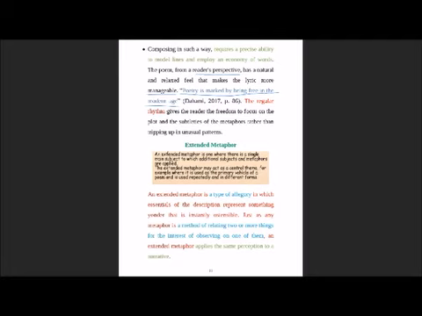So, the regular rhythm gives the reader the freedom, yes, free verse, the freedom to focus on the plot and the subtleties of the metaphors rather than tripping up in unusual patterns.